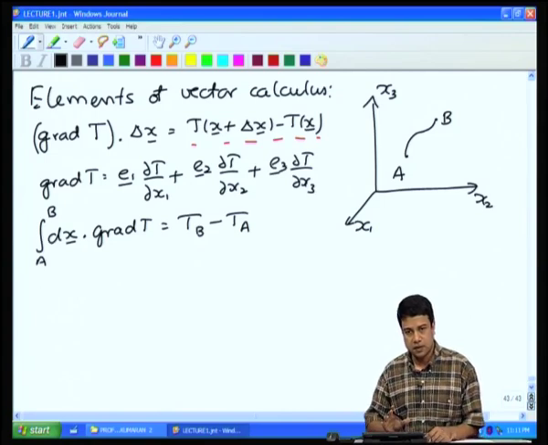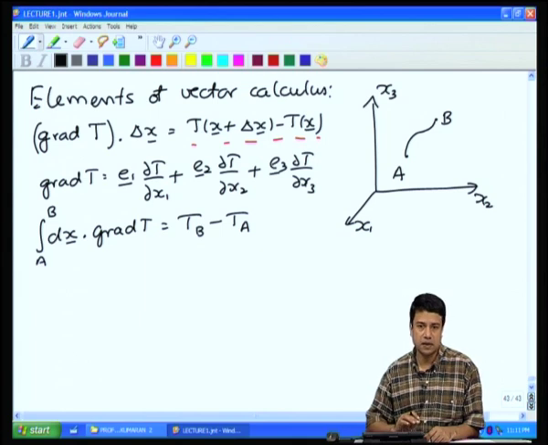As a corollary, the difference in temperature is only a function of the endpoints. Therefore, along any path I should get the same integral of dx dot grad T, and if I go around and come back to the same location, this has to be equal to 0. So, that was one element of vector calculus, and that was the gradient.